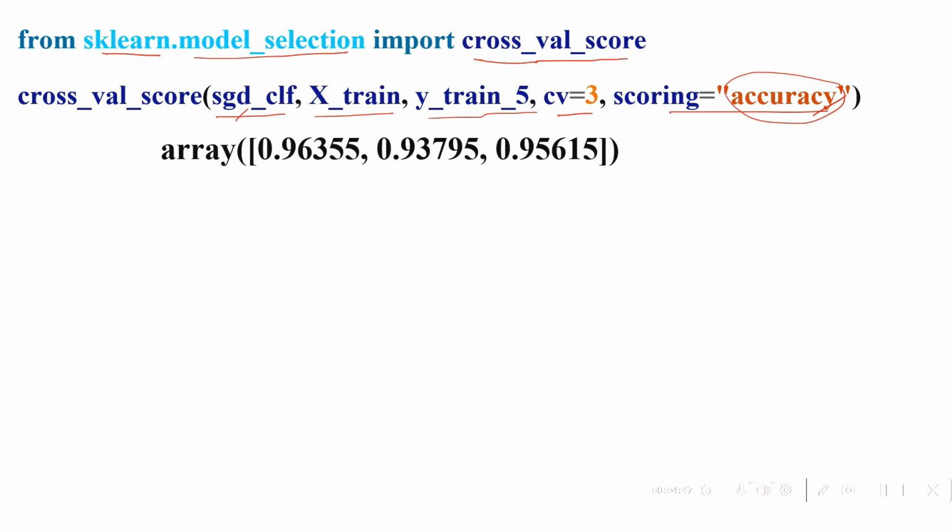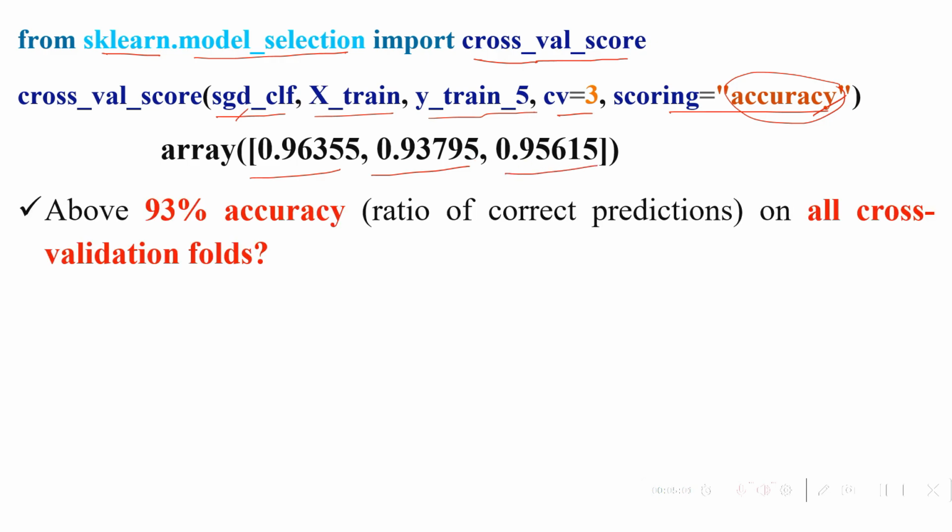After executing this statement we get three accuracy values: 0.96355, 0.93795 and 0.95615. In all three cross validations the accuracy is above 93%.